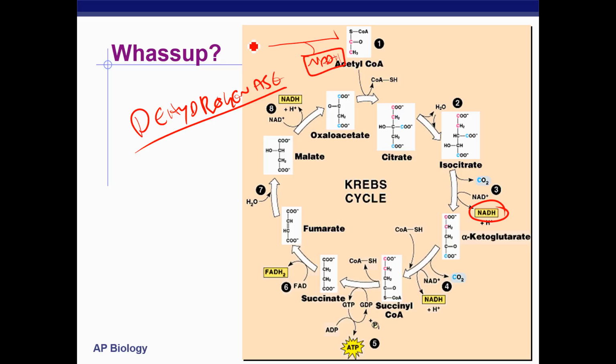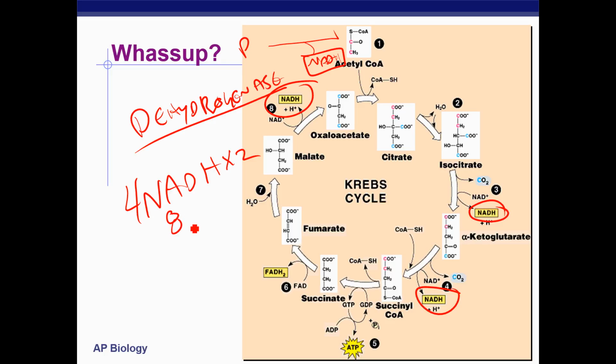Okay? So it's that pyruvate to acetyl-CoA. You'll get an NADH there. You get 1 here. You get 1 here. You get 1 here. So from the original start, we're going to get 4 NADHs. Okay? But remember that we turn this twice, so they'll get multiplied by 2. So we'll actually get 8 NADHs from this Krebs cycle.